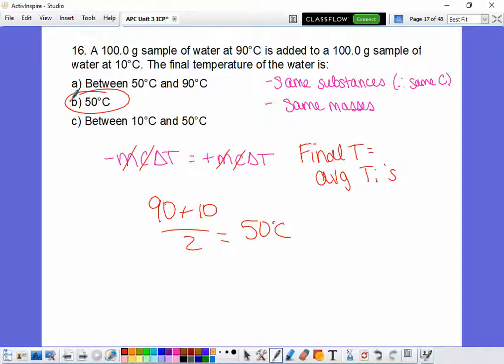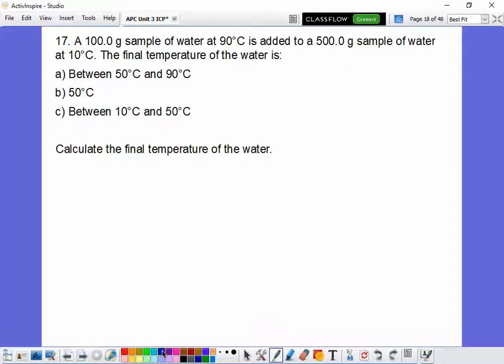Now, for number 17, we still have water. Both of our samples are water, so it's still the same substance. But what's different? The masses are different. Now, we can still answer the multiple choice question without doing a bunch of math, okay?